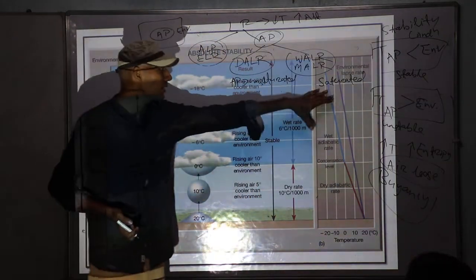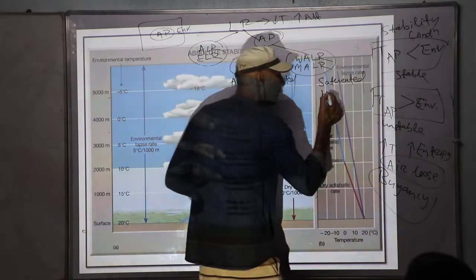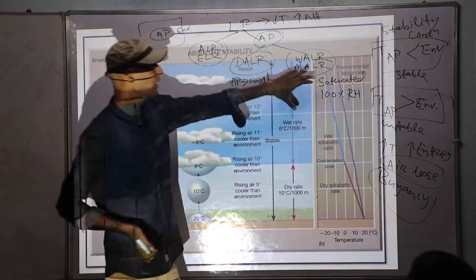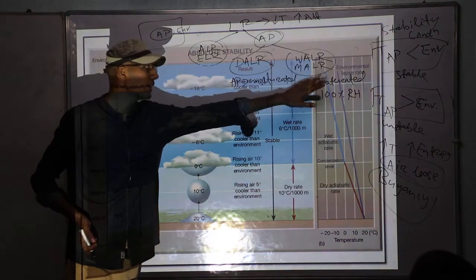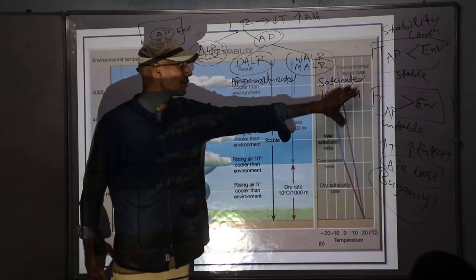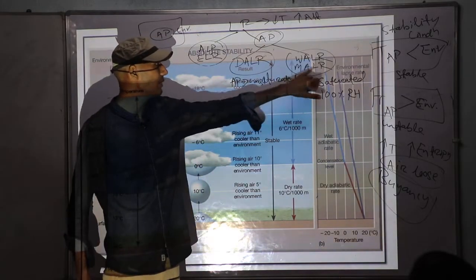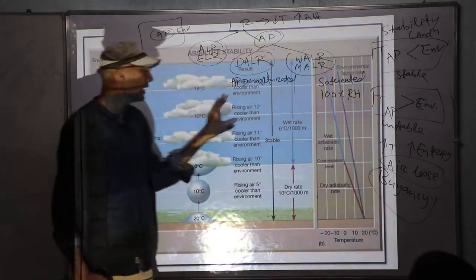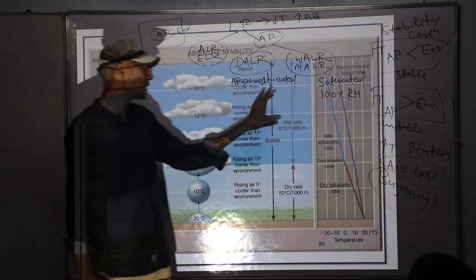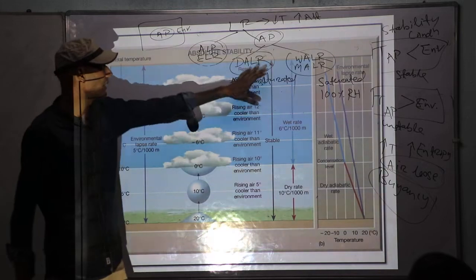When the air parcel will become saturated, that means 100% relative humidity, then we are terming it moist adiabatic lapse rate. The decrease of temperature with height when the air becomes saturated is termed as moist adiabatic or wet adiabatic. The decrease of temperature of air parcel with increase in height when the air parcel is unsaturated, that is dry adiabatic lapse rate.